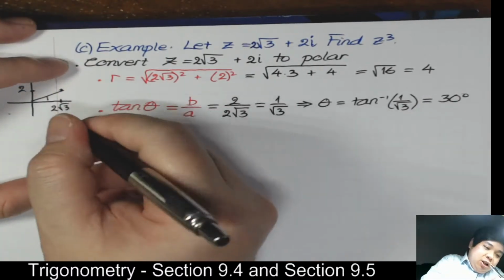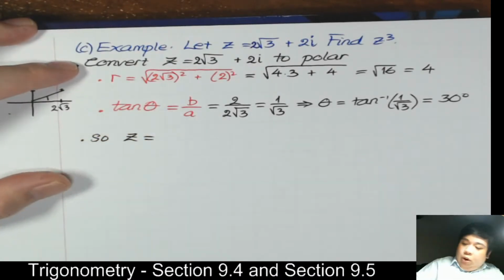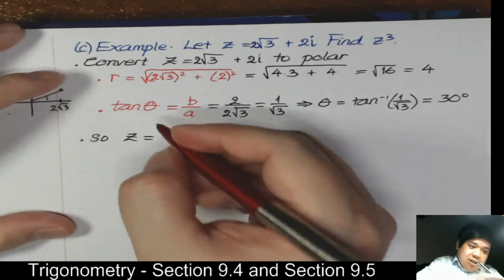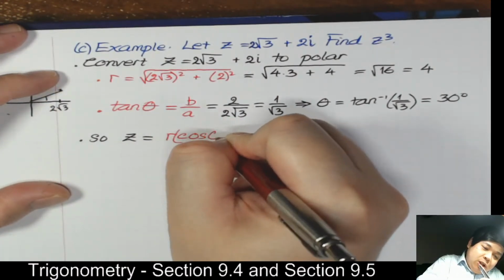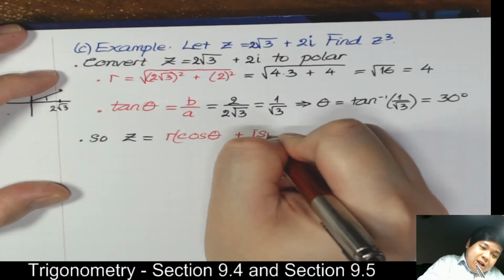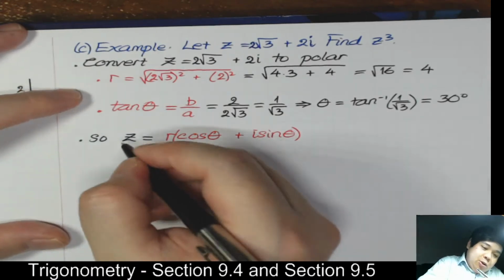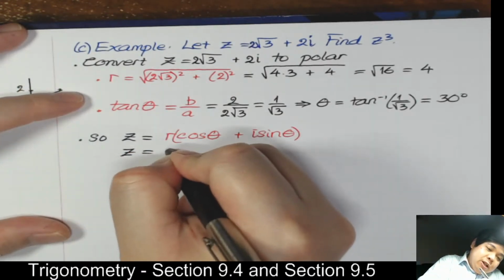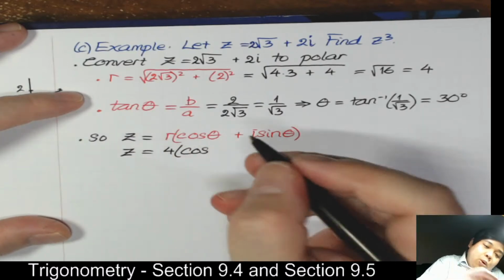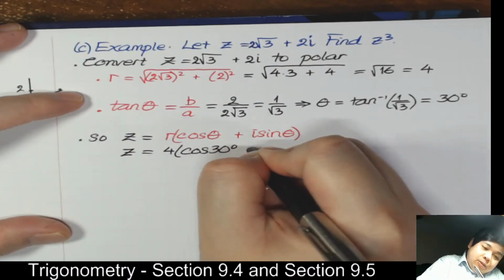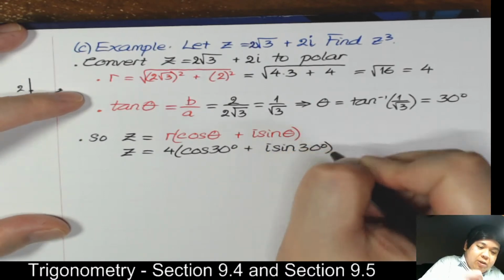So now we get back to z. We write that in polar form, r times cosine theta plus i sine theta. So in this case, z equals 4 times cosine 30 degrees plus i sine of 30 degrees.